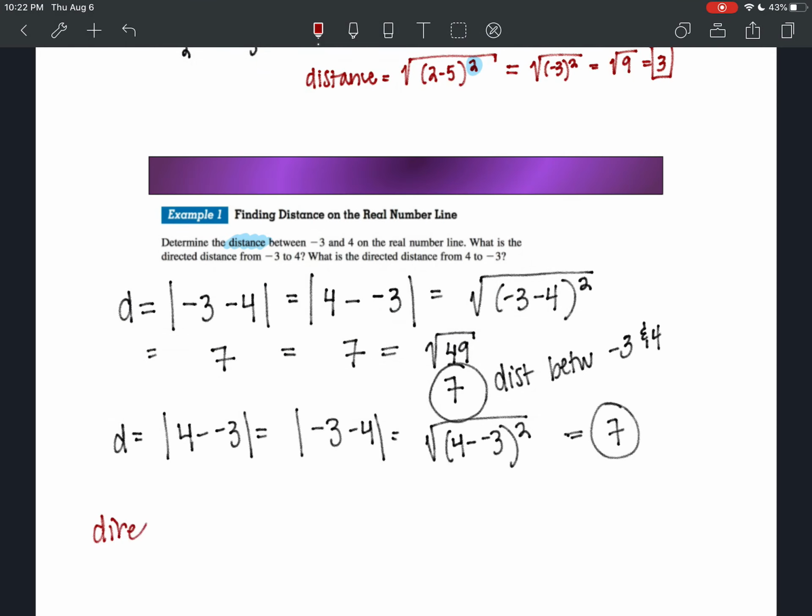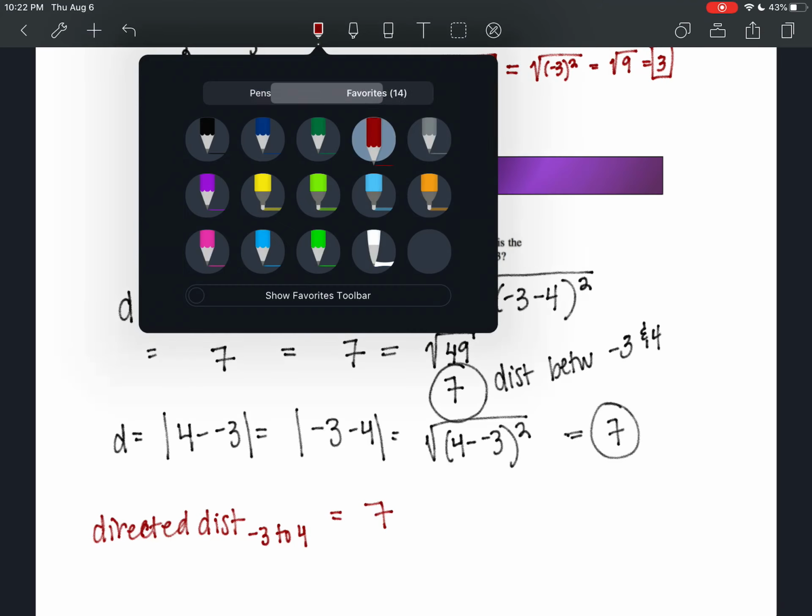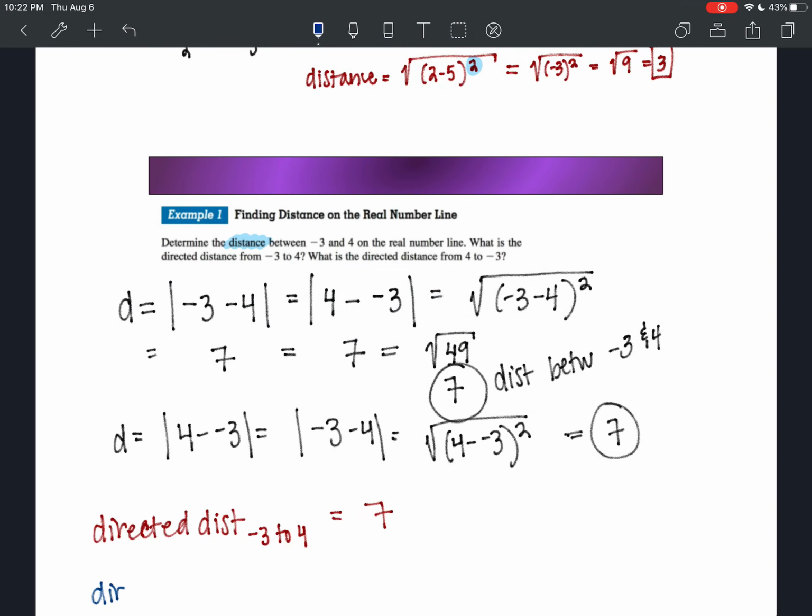The directed distance from -3 to 4 is equal to a +7, because going from -3 to 4, you're growing positively. And the directed distance from 4 to -3, well, 4 is getting smaller going to -3, so that value is -7.